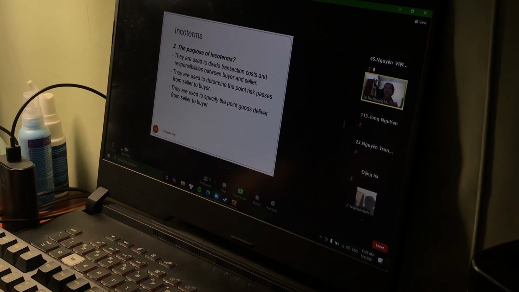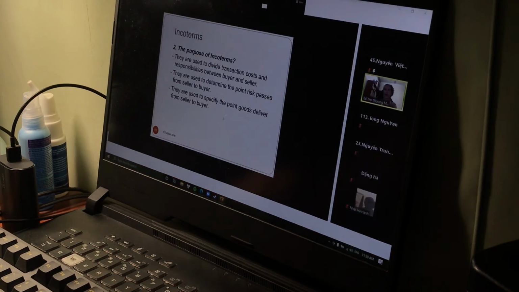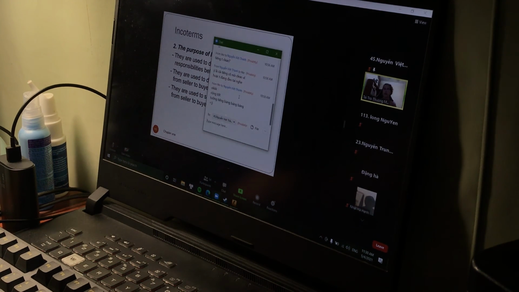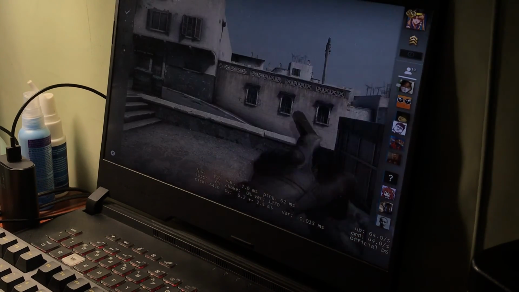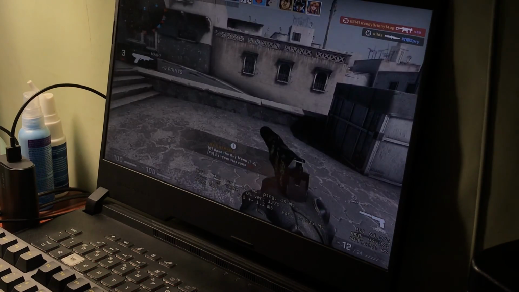So it is very important. They have to determine the point where risk passes from seller to buyer. And the last one is Incoterms are used to specify the point where goods are delivered from seller to buyer. Maybe the goods will be delivered at the port of loading, or maybe at the port of unloading. So those are the purposes of Incoterms.